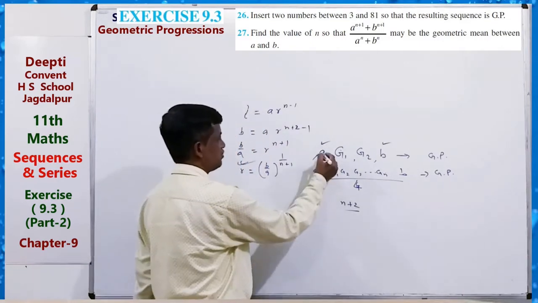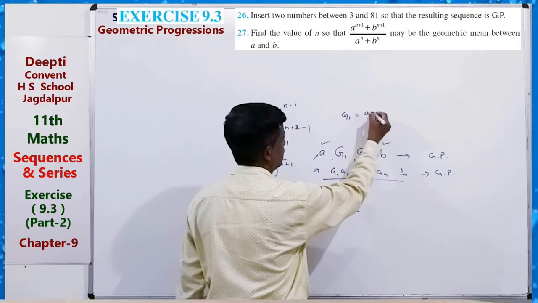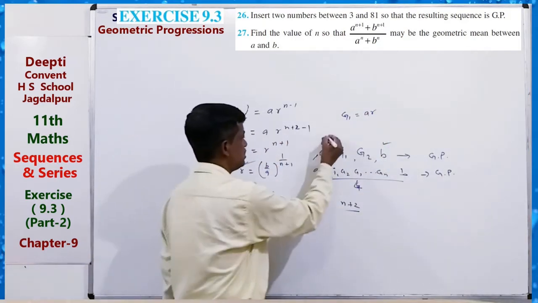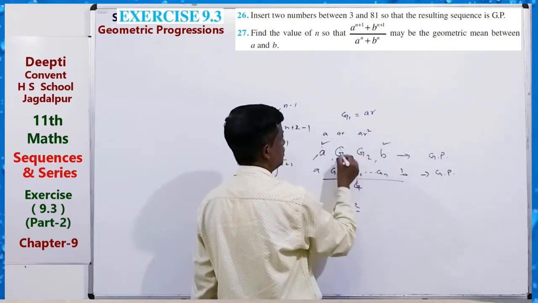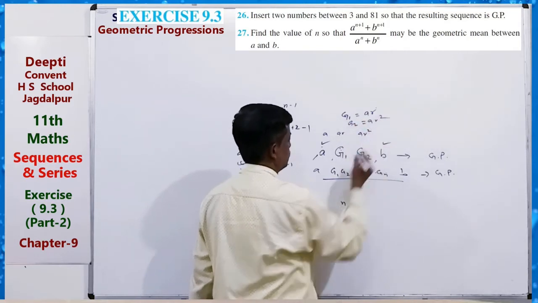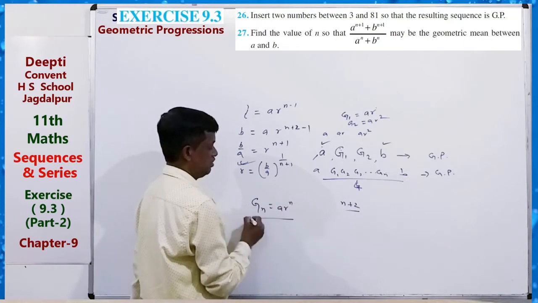And this first number, G1, means a r, because this is a r square and so on. So G1 is a r, G2 is a r square, similarly Gn is a r to the power n.